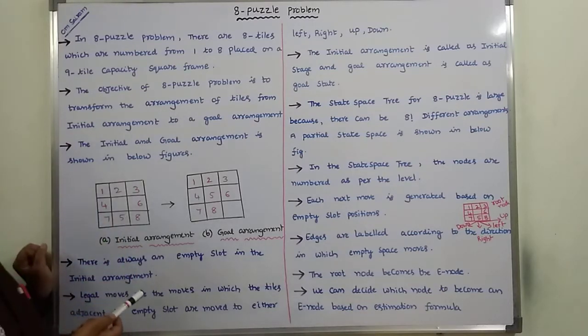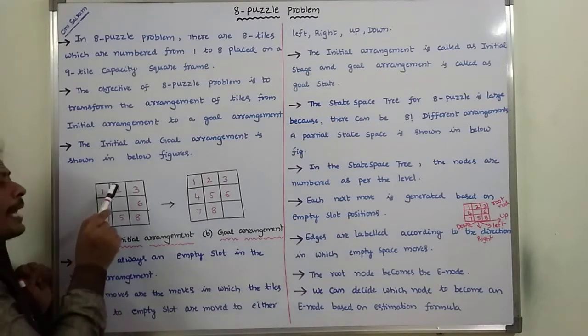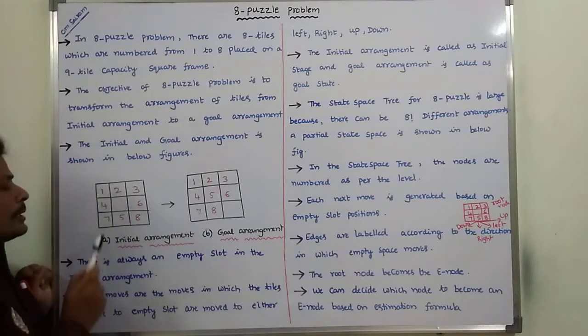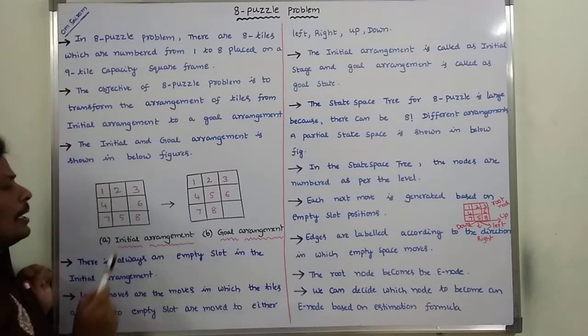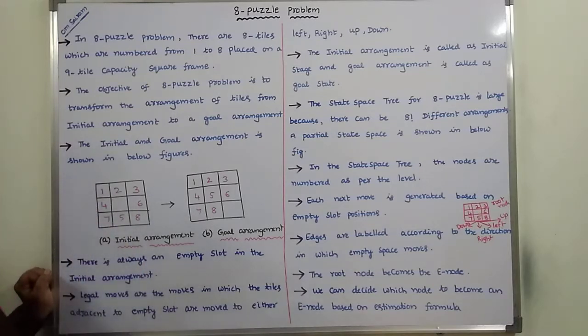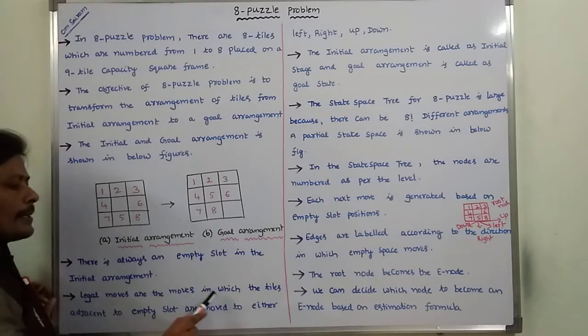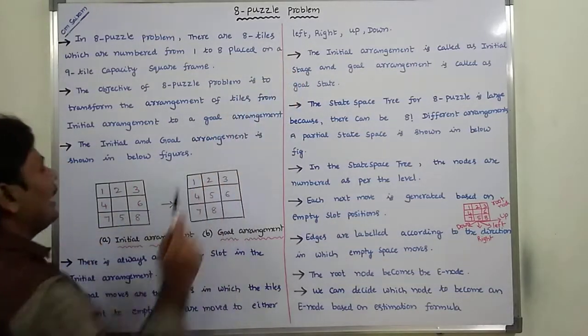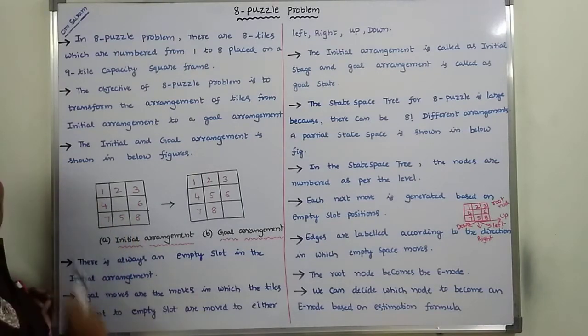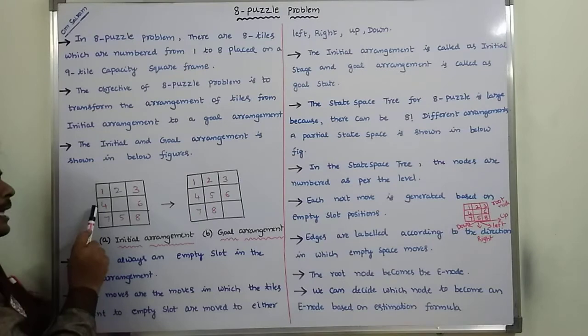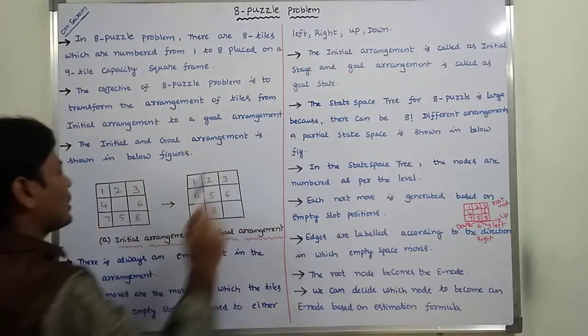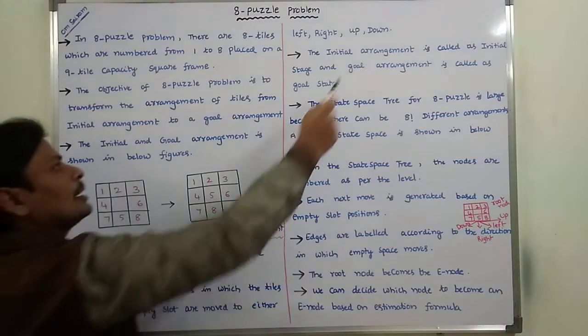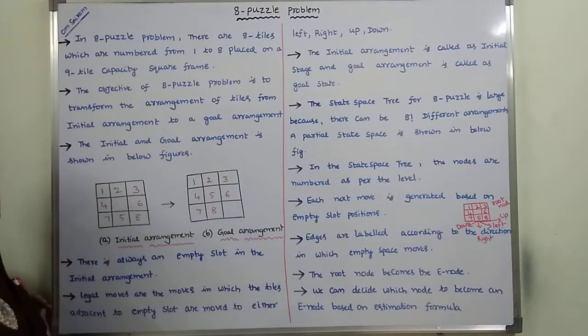Tile 2 can be moved down, tile 5 can be moved up, tile 6 can be moved left, and tile 4 can be moved right.